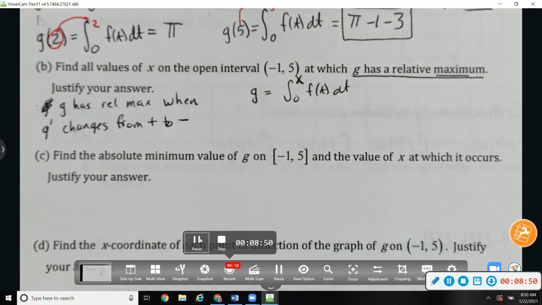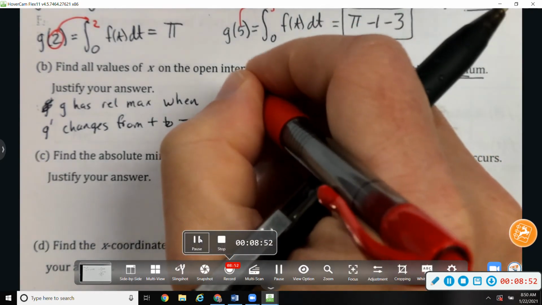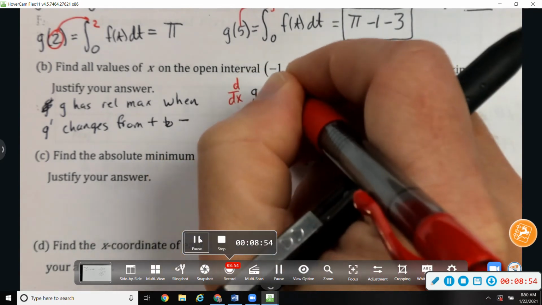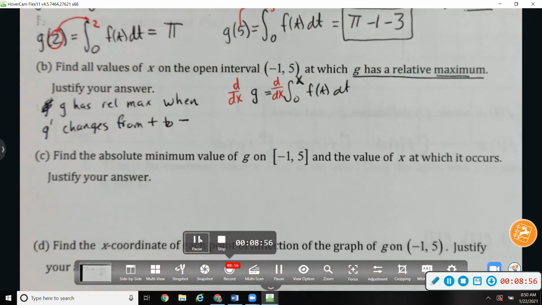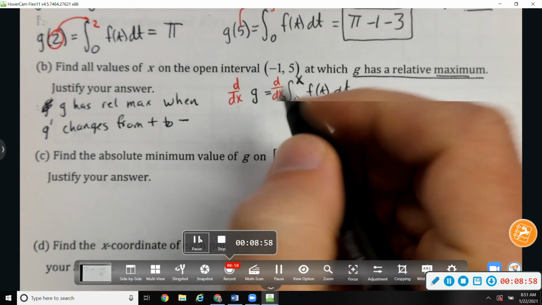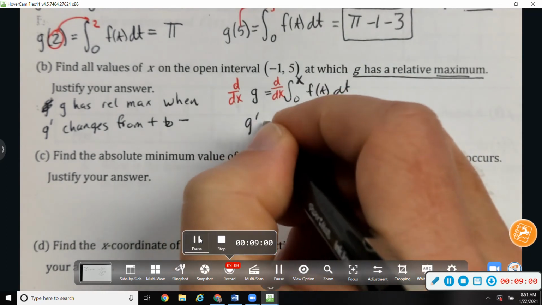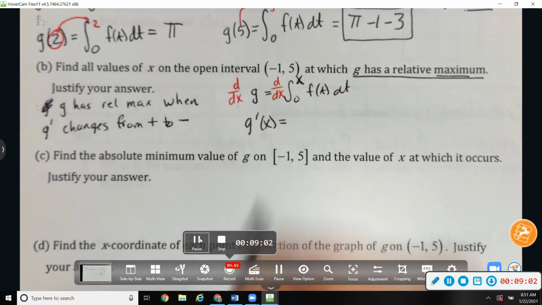Let's take the derivative of both sides so that we get g prime. So the derivative of g is g prime. That's what I'd like to know. And then the other side is what we did yesterday, the derivative of an integral.